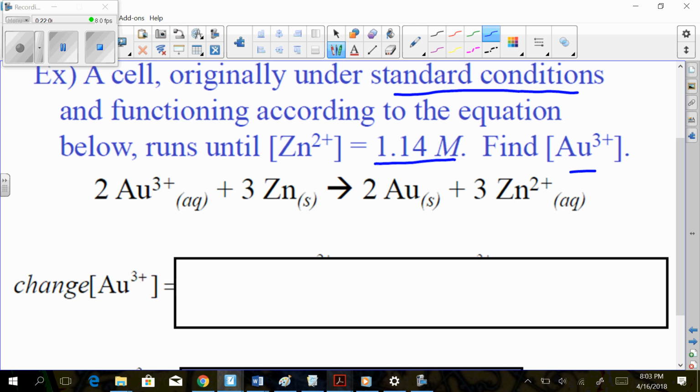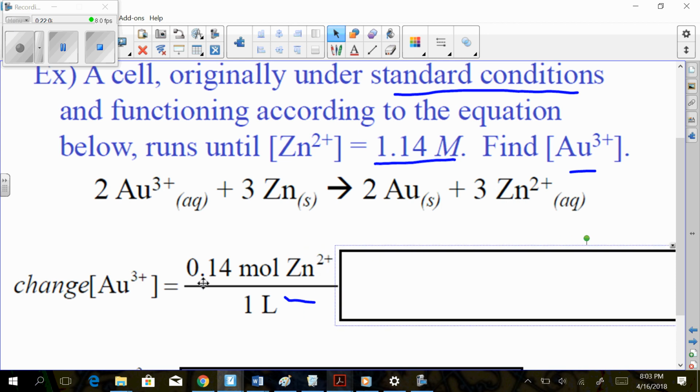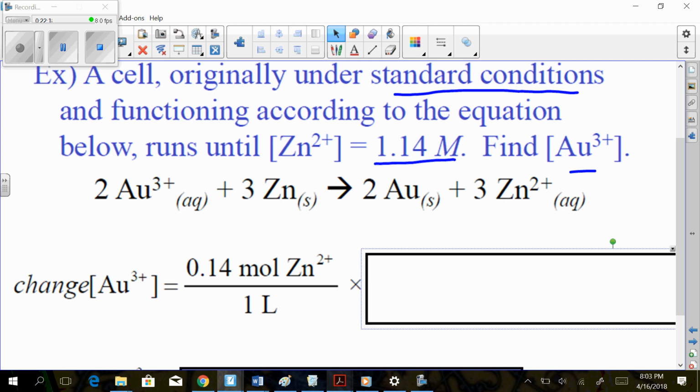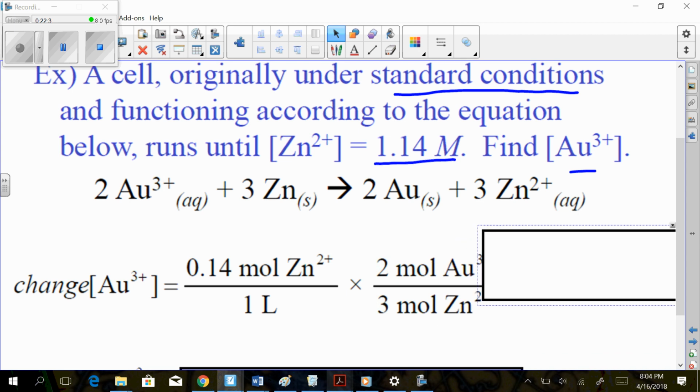And so you really only produced 0.14 moles of the zinc ion beyond what was already in there before you started. If we take the amount of moles of zinc that was produced and multiply it by that mole-to-mole ratio, for every 3 moles of zinc ion that's produced, you have 2 moles of silver. That's silver. I keep saying silver.